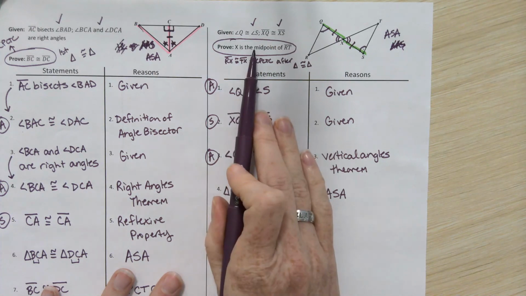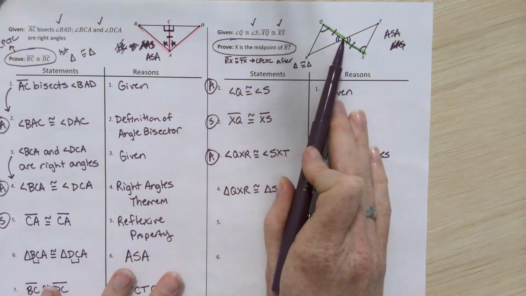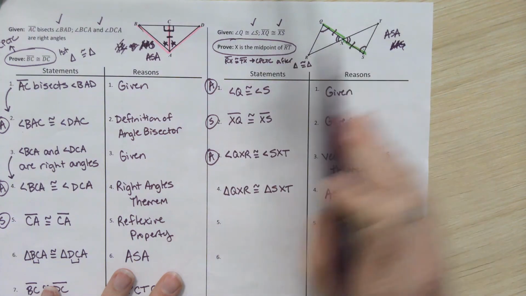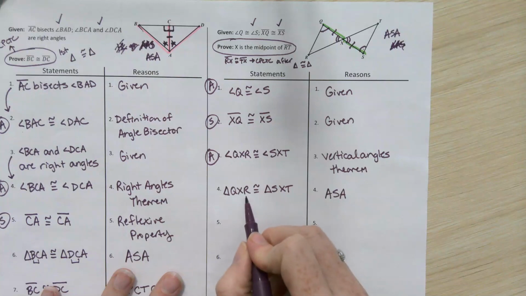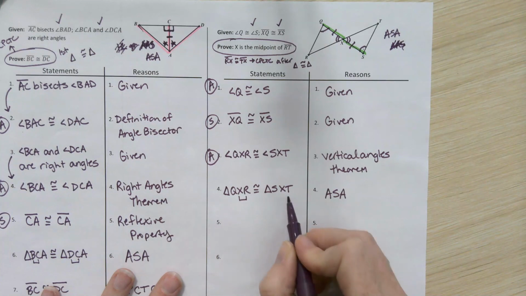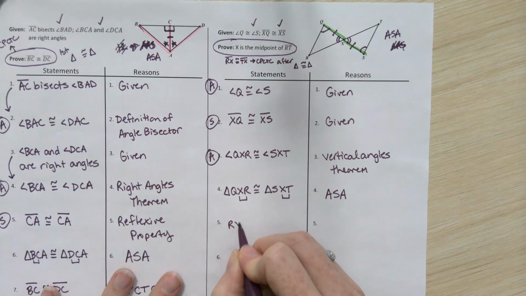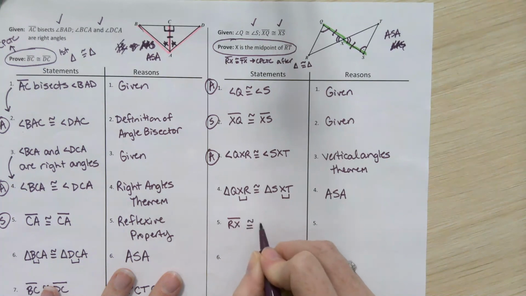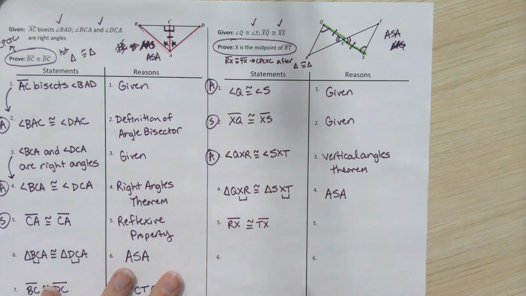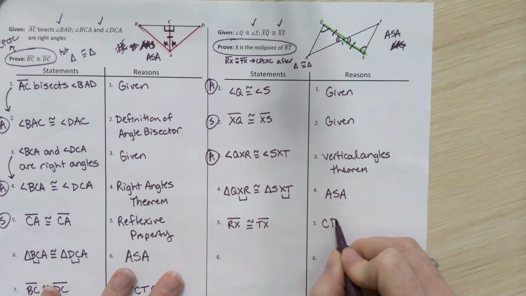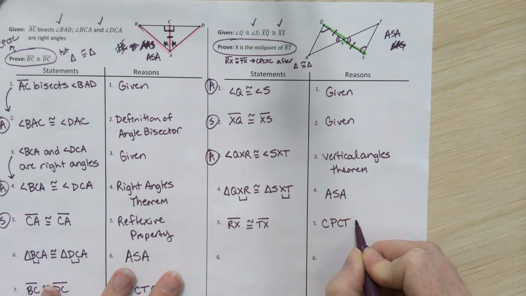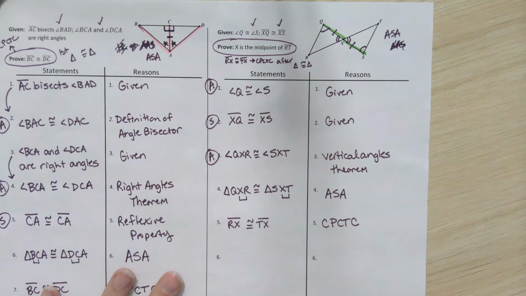So we already thought about what we needed for X to be the midpoint of RT. Does RX correspond to TX? Sure does. So we're going to say next that segment RX is congruent to segment TX because corresponding parts of congruent triangles are congruent.